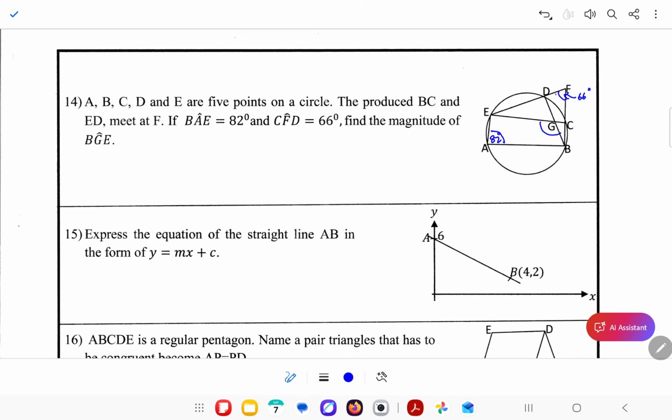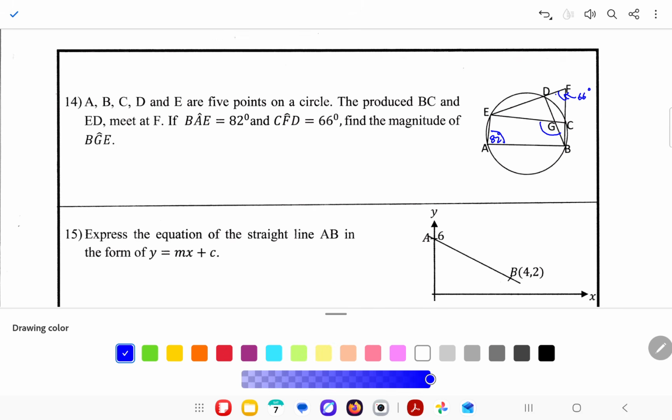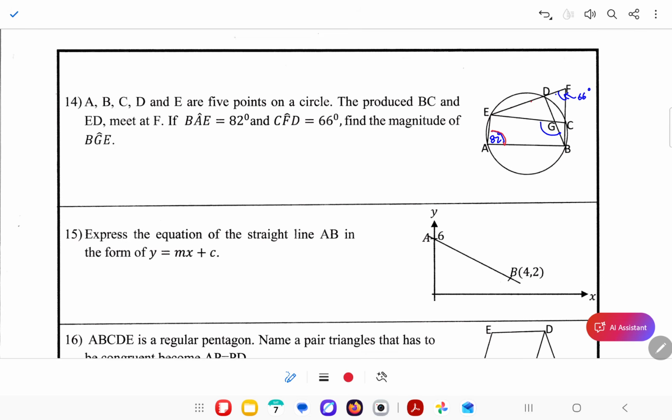Right. So then let's see. If this is 82, we know this angle is 98. Why? Because this is a cyclic quadrilateral.